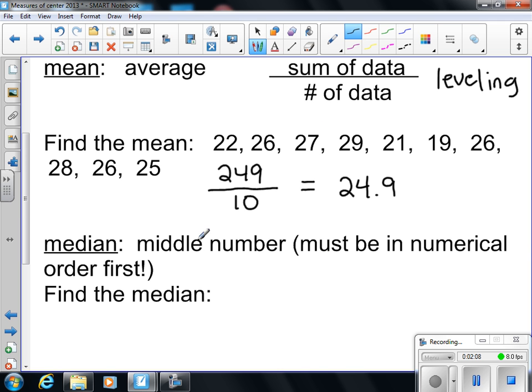Okay, the lowest number that we have up here is 19. And I try to mark them off as I'm doing it. Then we have a 21, a 22, 25.